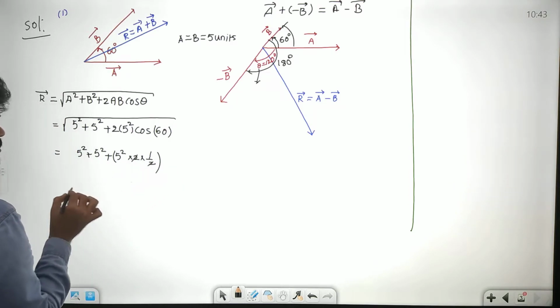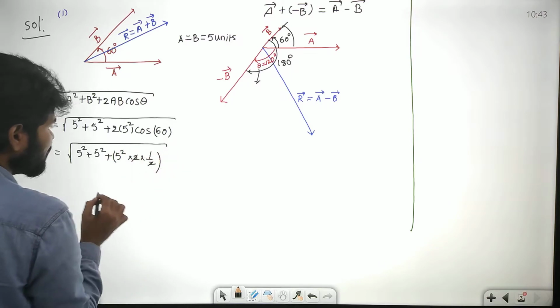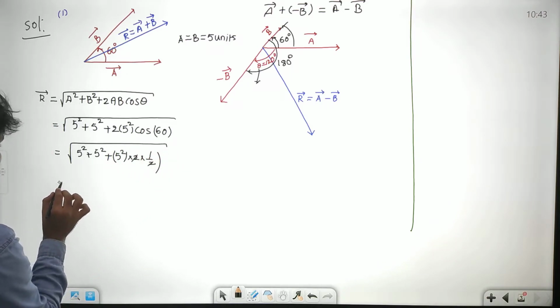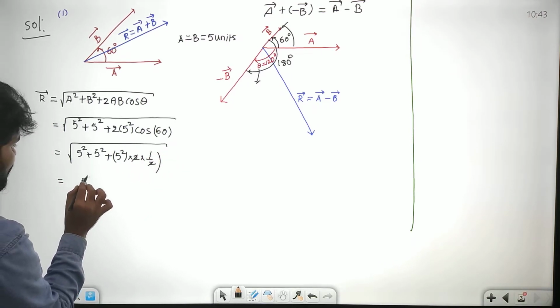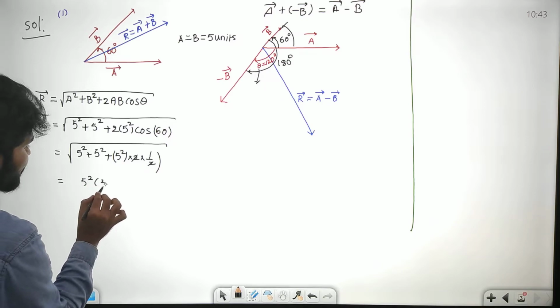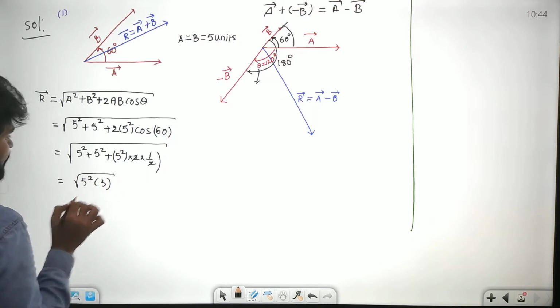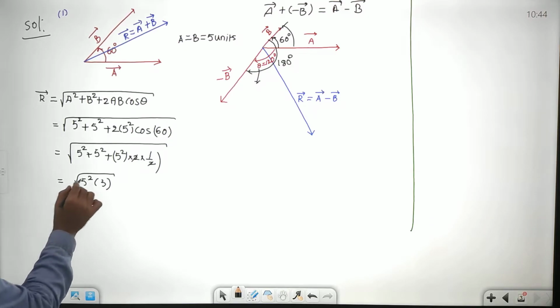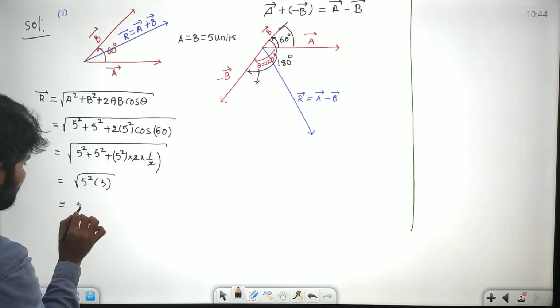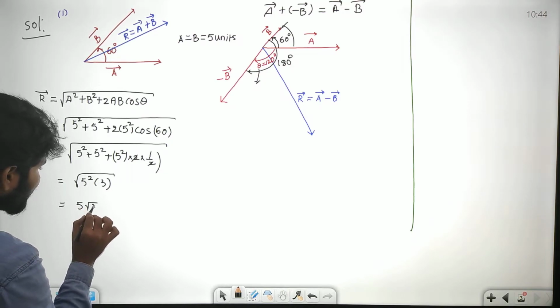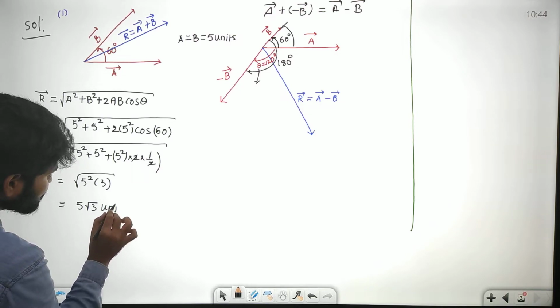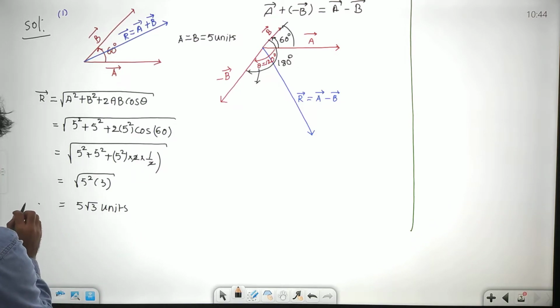These two will cancel. Now I am taking 5 square out and then I get 3. Now if I take 5 square out, I get 5 root 3 units. What is this?